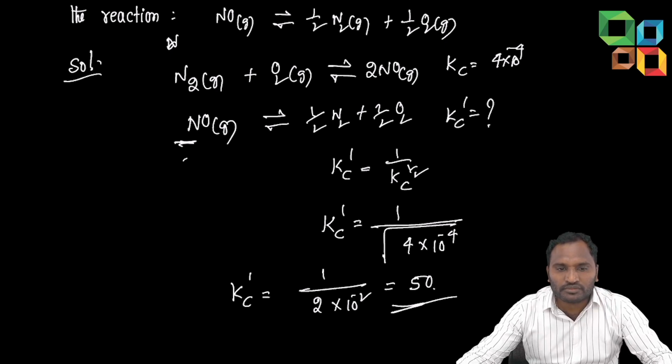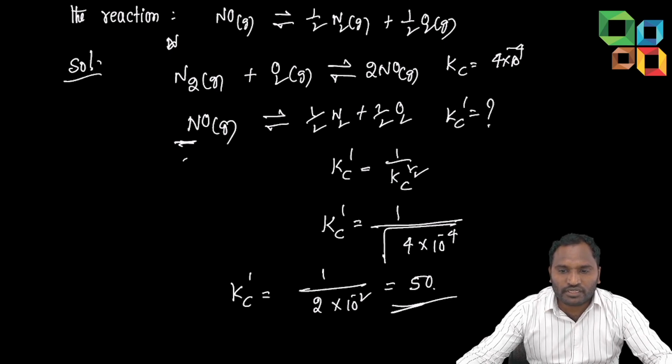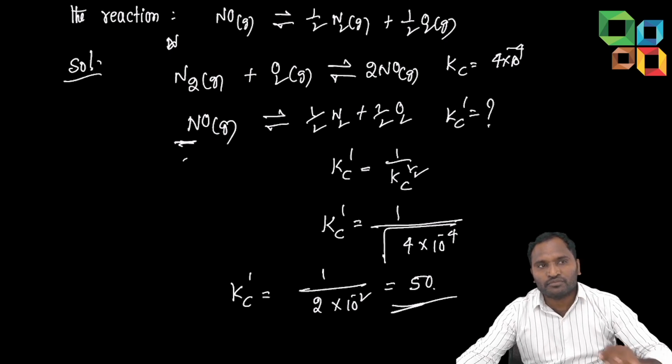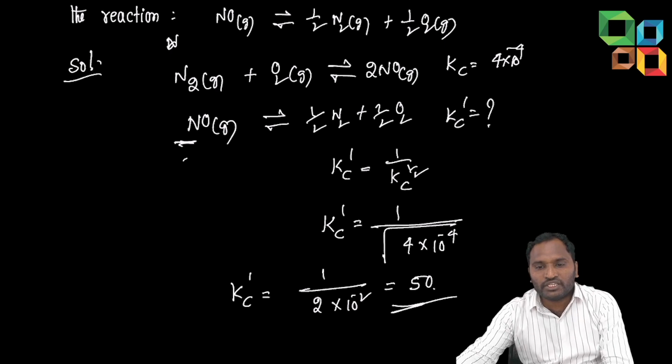In this chapter, the important things are the Kp-Kc relation, the characteristic properties of equilibrium constant, and Le Chatelier principle applications, which I already told you. All the application factors of Le Chatelier principle are important, and also how to write the equilibrium constant.